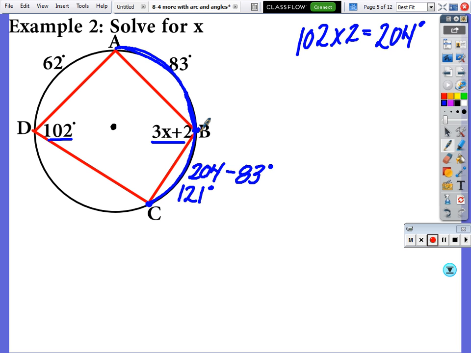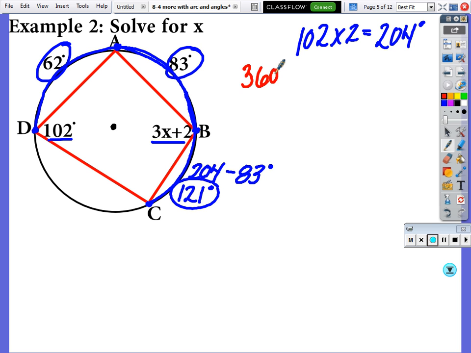All right, so now looking around our circle, we have this piece is 121 from here to here. We have this piece is 83. That's from here to here. We know this piece from here to here is 62. Well, do we know everything around the full circle except for that piece right there? Yes. So we can find that piece though, because a full circle will add up to be what? 360 degrees.